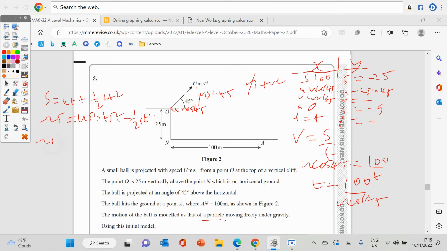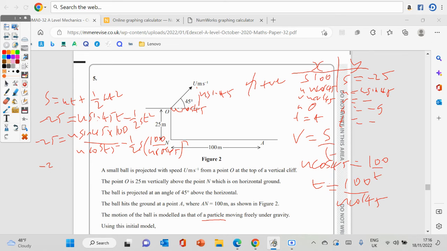So, minus 25 is going to be u sin 45 times 100 over u cos 45 for the value of t. Subbing that in, minus half g of 100 over u cos 45 squared.